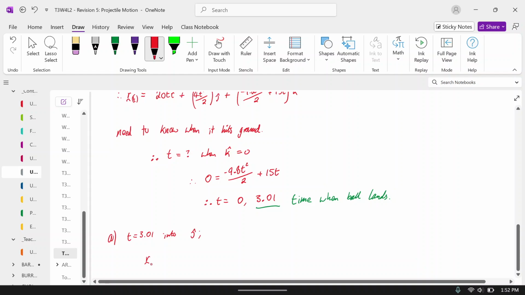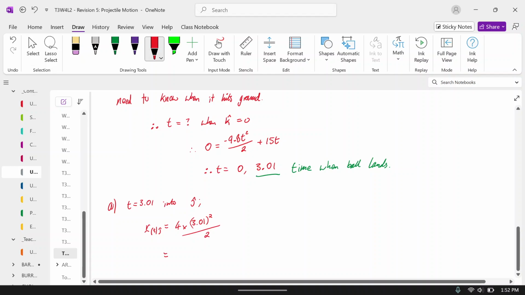So then that's going to look like 4 times 3.01 squared all on 2, which is about 18. 18.12.